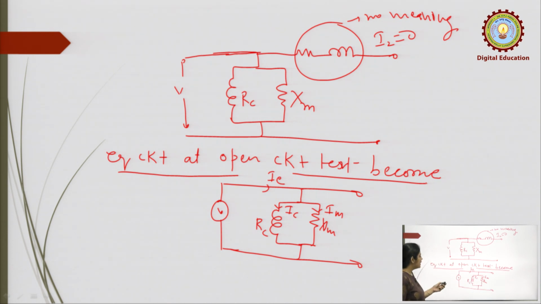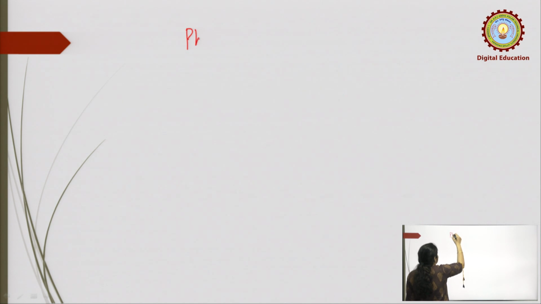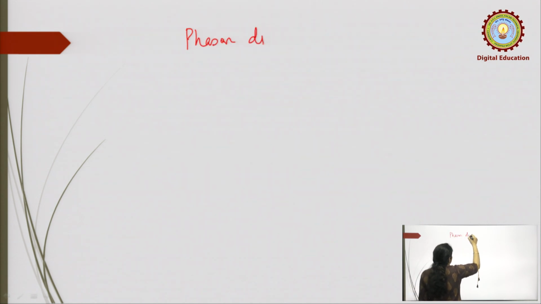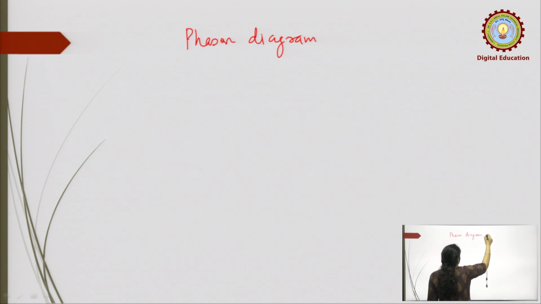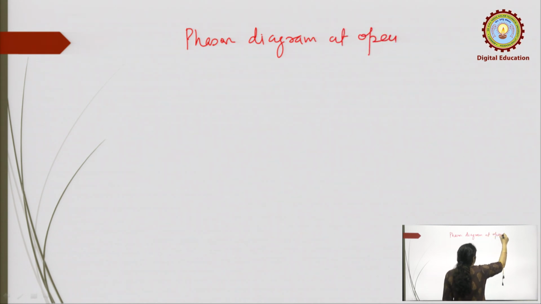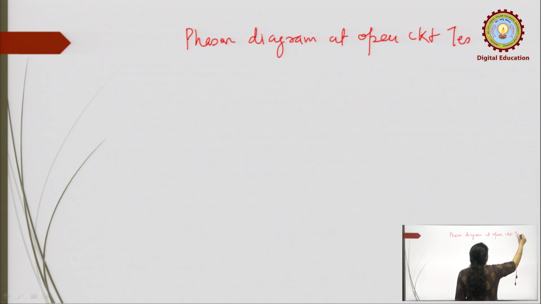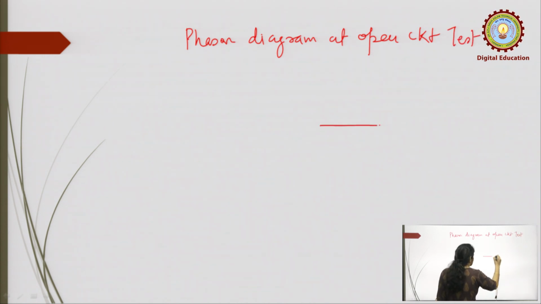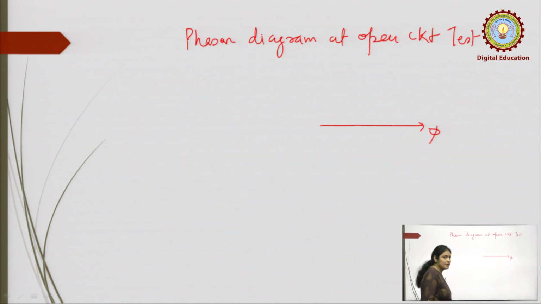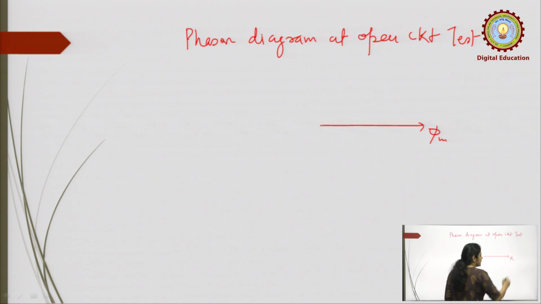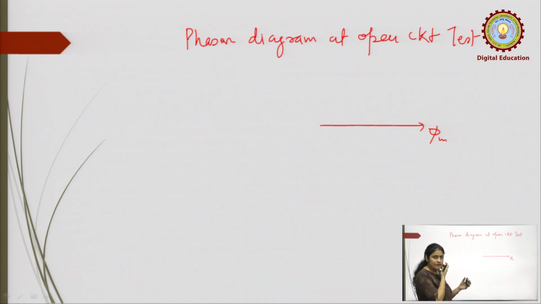Now, according to that, you can also draw the phasor diagram at open circuit test. So, this is the flux, because you are applying the rated voltage. The flux is produced, and this magnetizing flux depends upon the voltage only. To produce this constant flux, there must be a magnetizing current.